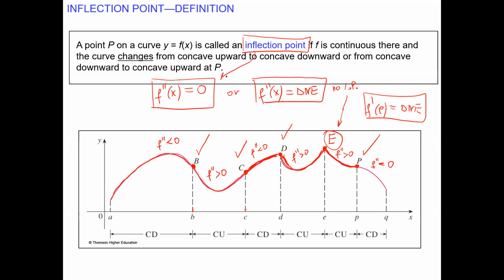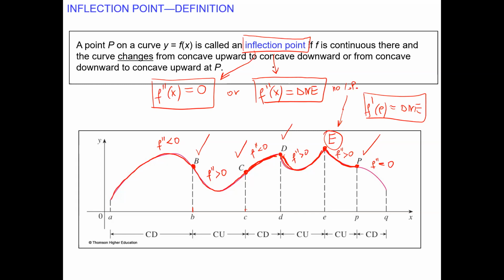We may solve both of these equations, and you probably recognize this from the critical points. When we were looking for the critical numbers, we were setting the first derivative equal to 0 and finding where the first derivative is undefined, checking against the domain and listing the critical numbers.